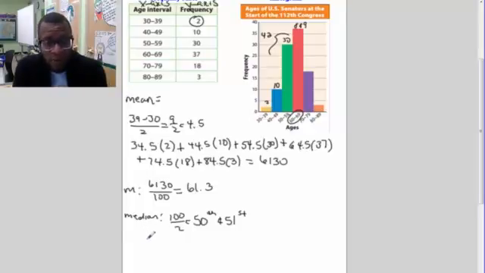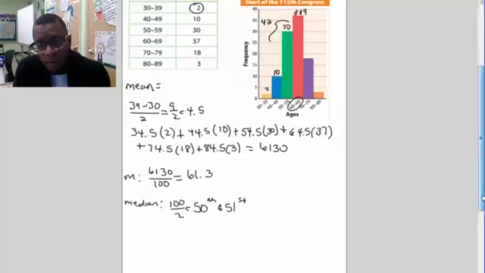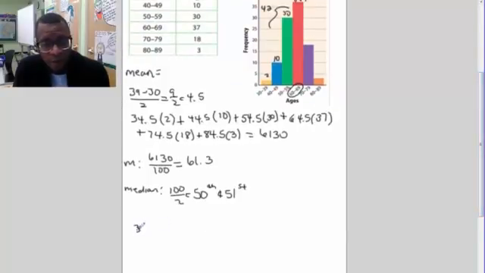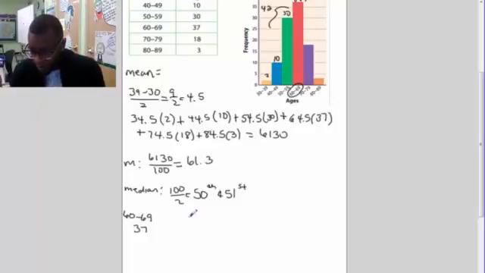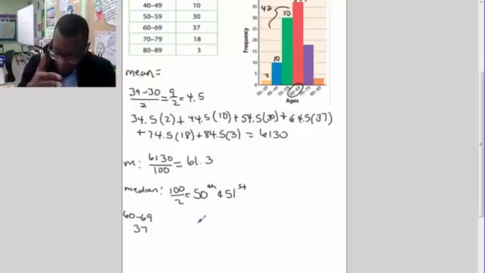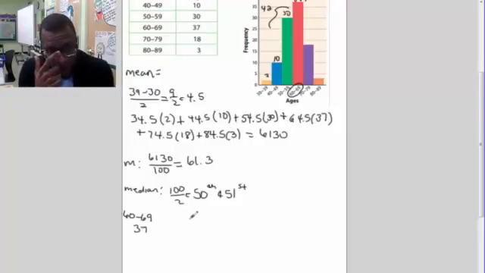Now, we know that in the increment 60 to 69, we have 37 values. So between 60 and 69, we have a frequency of 37. All right? And so to estimate how far into this interval we need to go, we're going to take the average. Remember, we need the average of the 8th and the 9th.